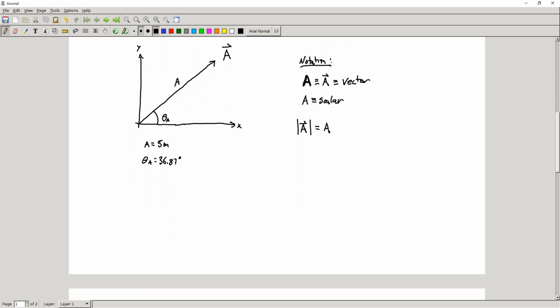So we have our vector pointing out into the plane, and we would like to find a way to be able to translate this vector, which is written in the form of a magnitude and an angle, into its two components. So we want to be able to break it up into two vectors which point one along the x direction and one along the y direction.